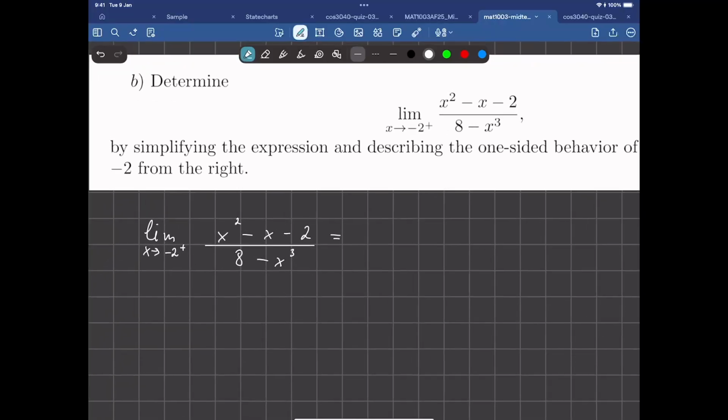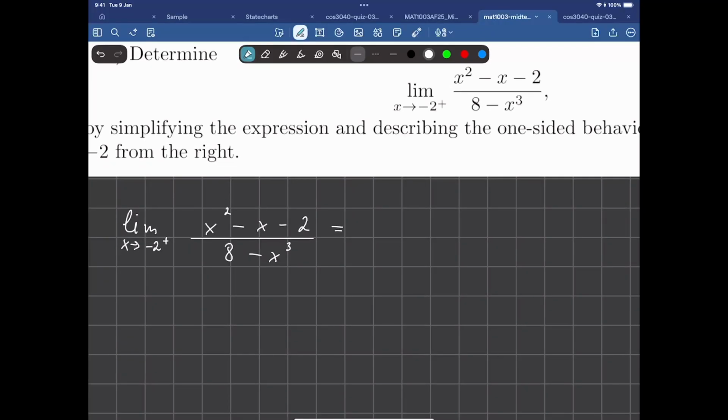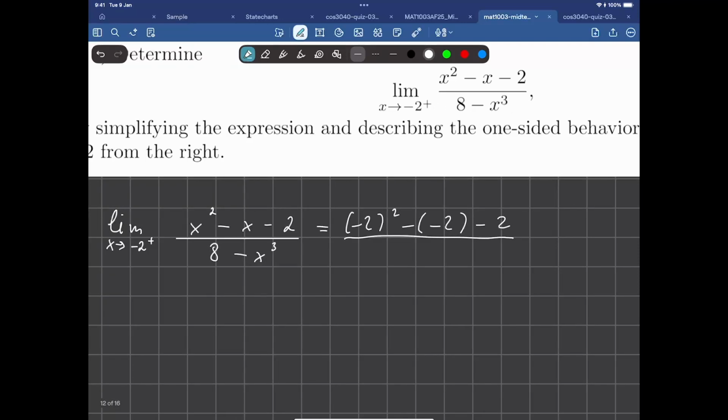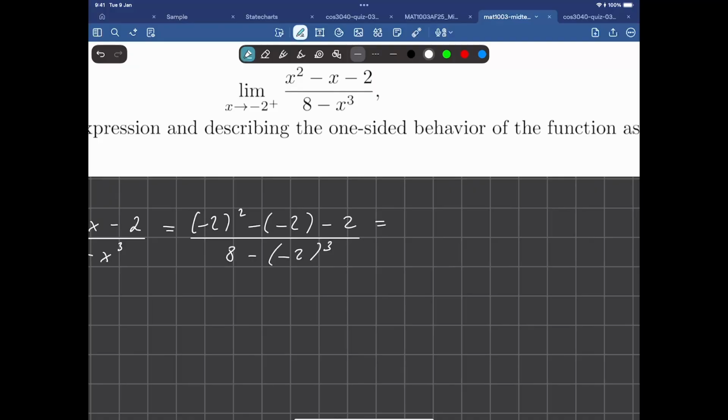But in this case, if we start with direct substitution, as I typically advise you to do, then we would have minus 2 squared minus 2 minus 2, wow, so many minus 2's, over 8 minus 2 cubed. Minus 2 squared is just 4.